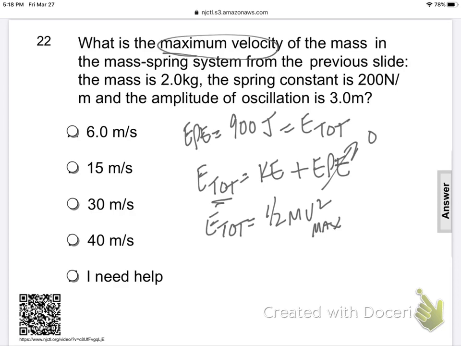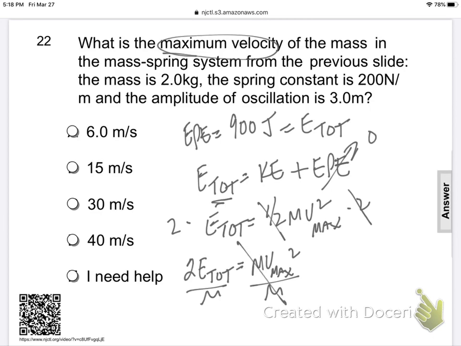So to solve for velocity, the first thing we have to do is multiply both sides by 2. That gets rid of the 1/2. So we have 2 E total equals m v max squared. Well, we don't want m v max squared. V max squared is multiplied by m, so we can divide by mass.